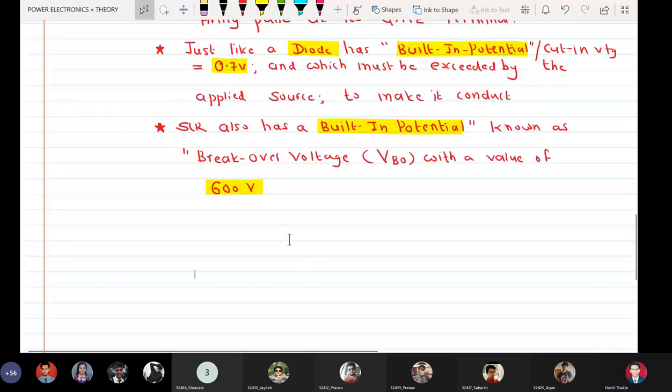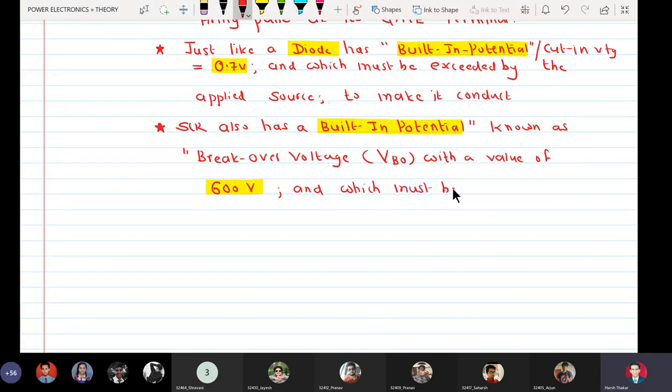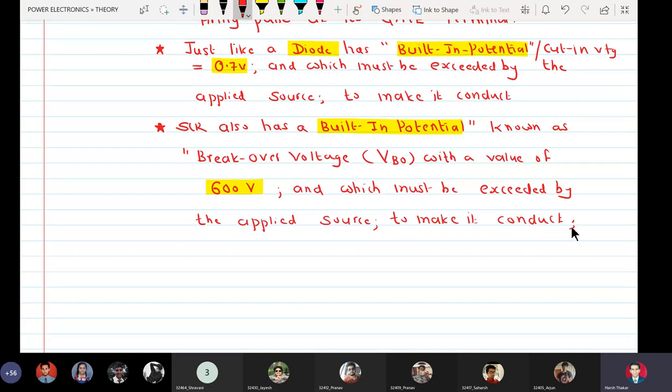Okay, known as breakover voltage with a value of 600 volts, and which must be exceeded by the applied source to make it conduct.